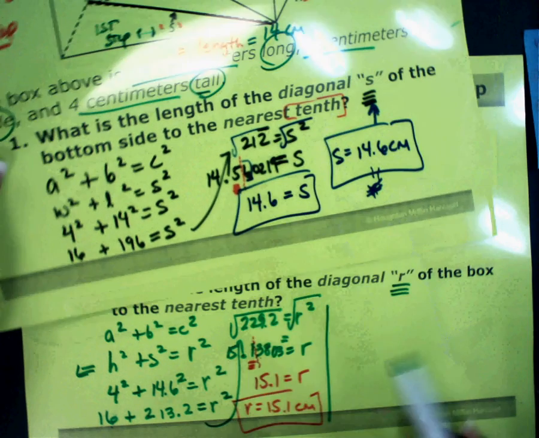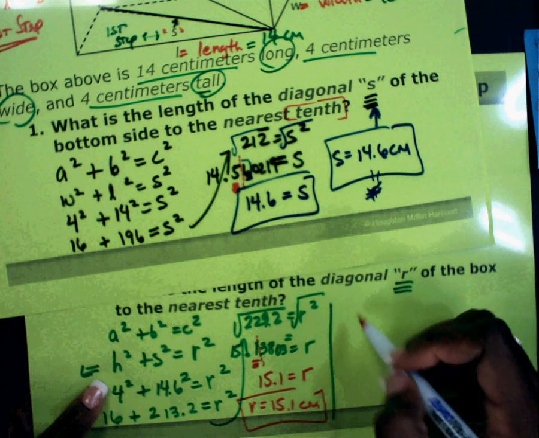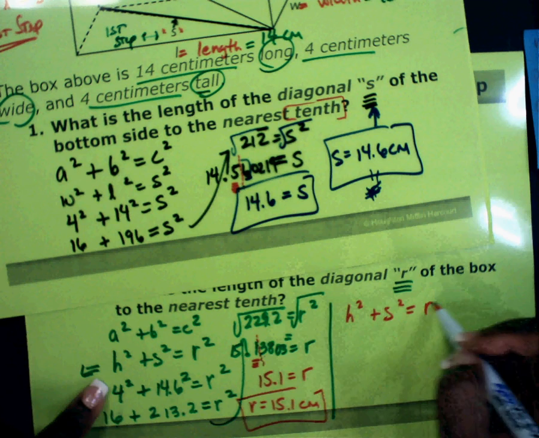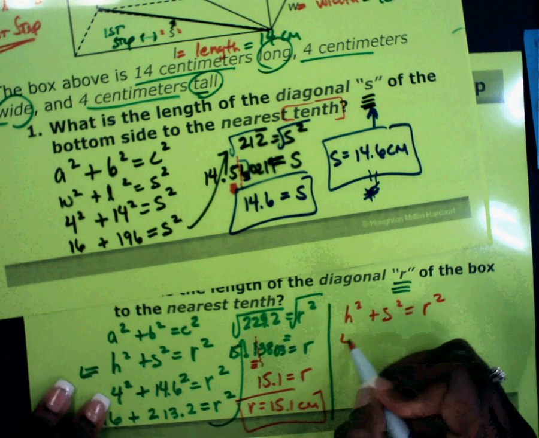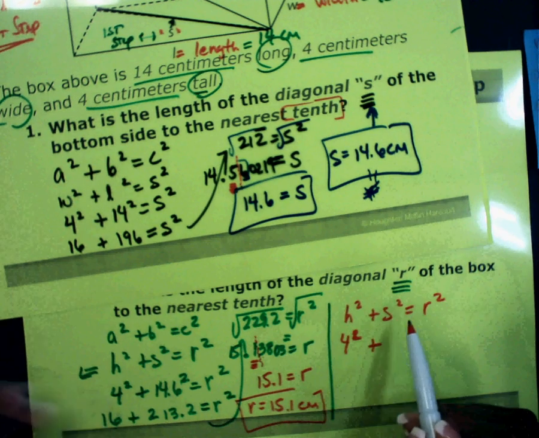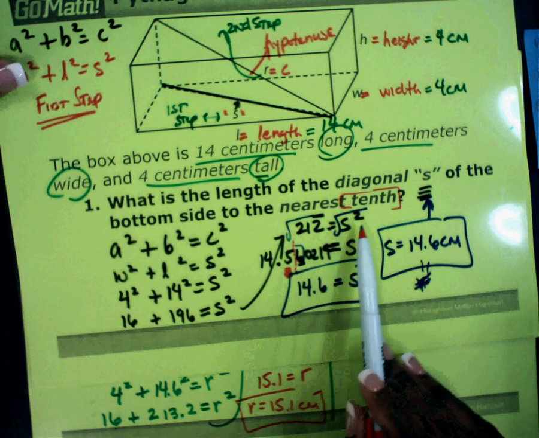So if I write the version of the Pythagorean theorem that we're using, h squared plus s squared equals r squared, for h I'm going to put 4 and square it, plus s squared, but in step 1 we found that s squared is 212.